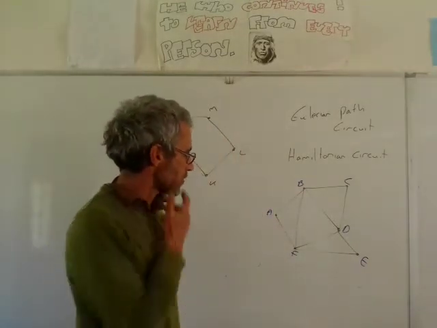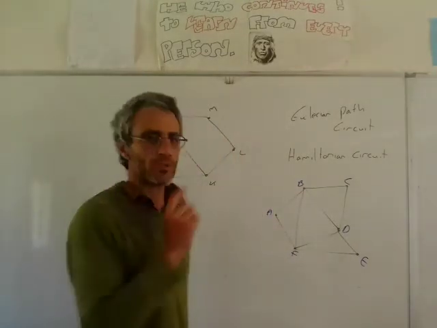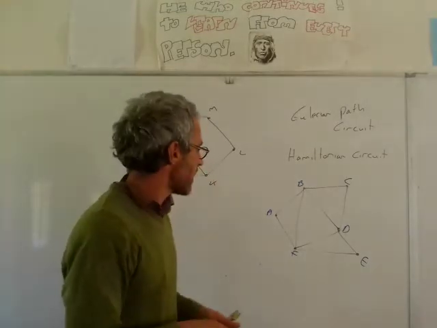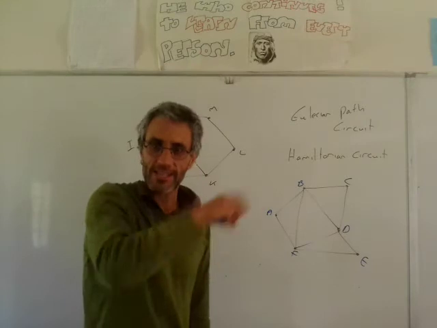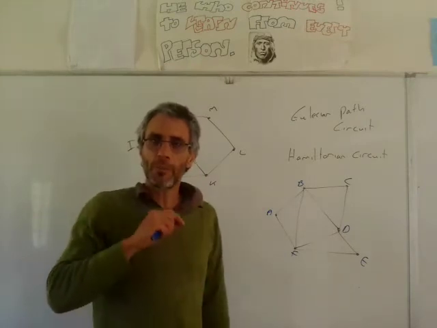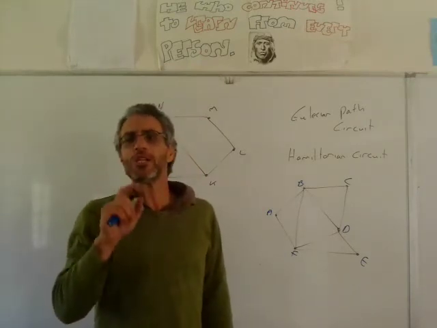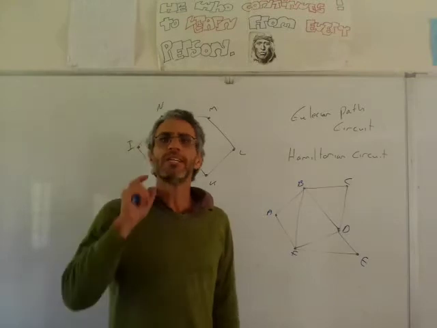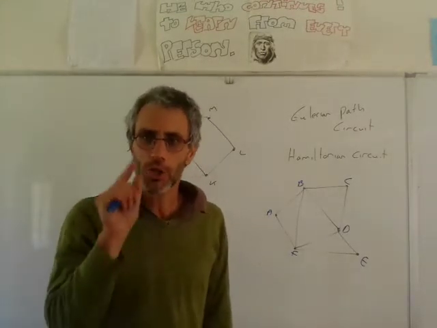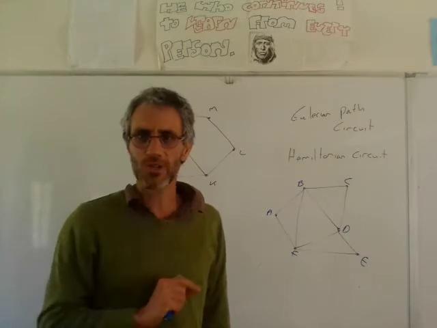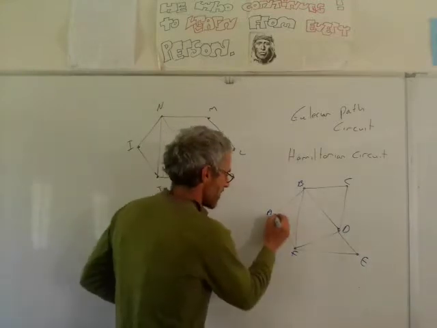Let's start with the Eulerian circuit. An Eulerian circuit is a circuit, so I start and end in the same vertex. But it's not about visiting each vertex once, it's about going through each edge just once. Once and once only.